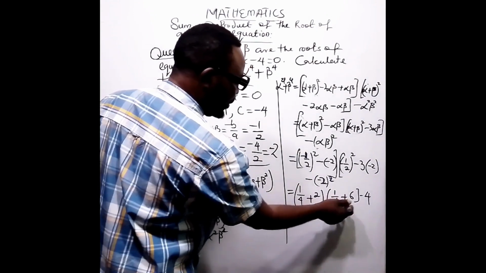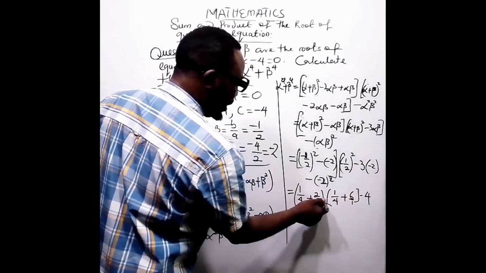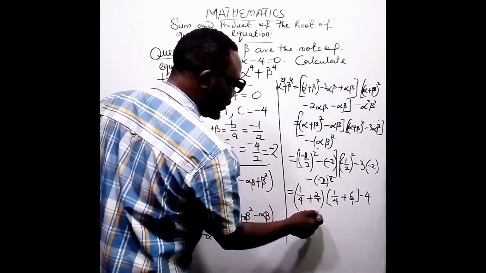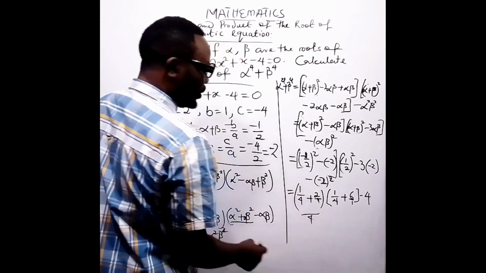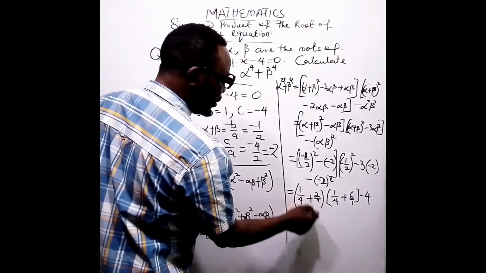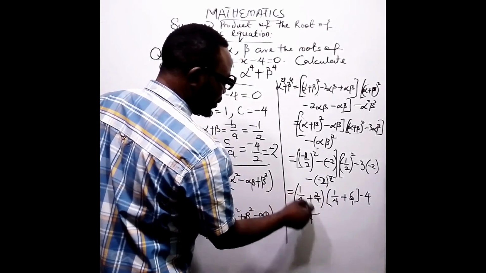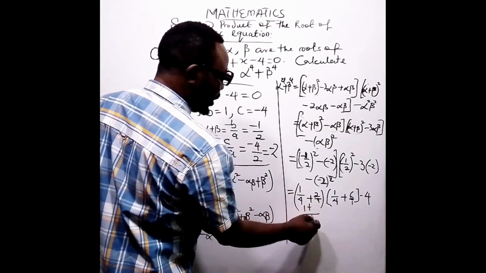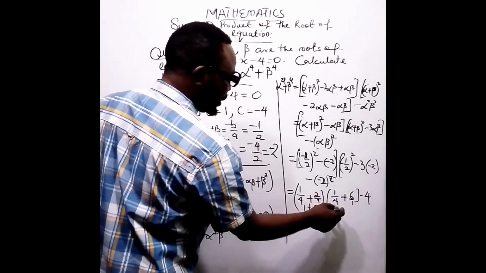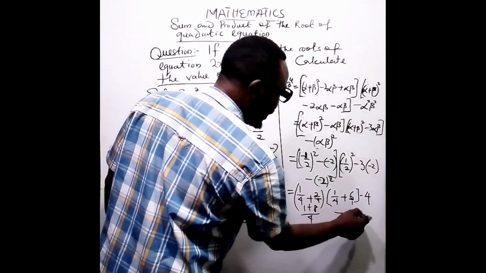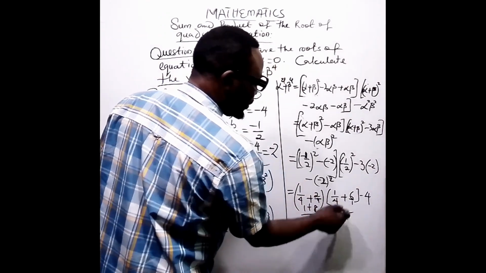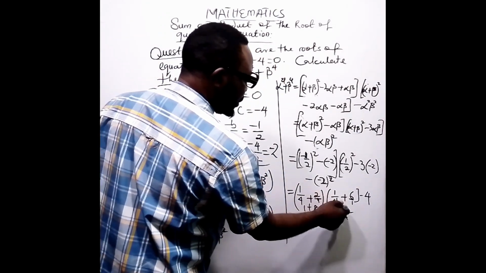So definitely we are having a fraction inside this bracket. So we have to find the LCM. So what is the LCM of 4 and 1? That will be 4. 4 in 4 is 1, 1 times 1 is 1. Plus 1 in 4 is 4, 4 times 2 is 8. So also here, we find the LCM, which is 4. 4 in 4 is 1, 1 times 1 is 1.